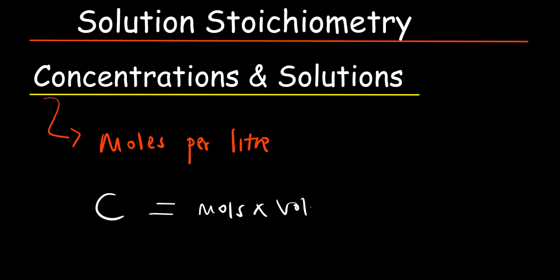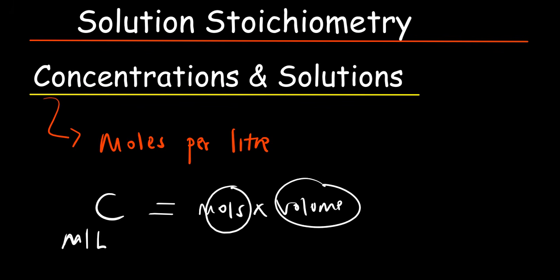Your concentration is measured in moles per liter, the number of moles is measured as an amount of substance, which is the mole, and the volume is measured in liters. So that is how we find the concentration.